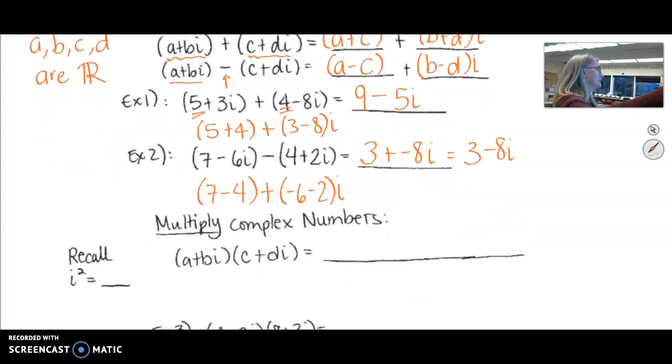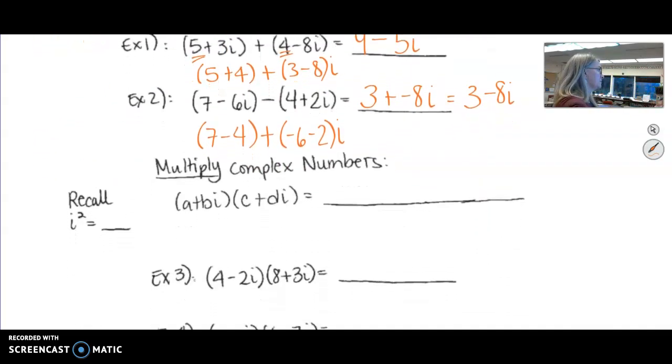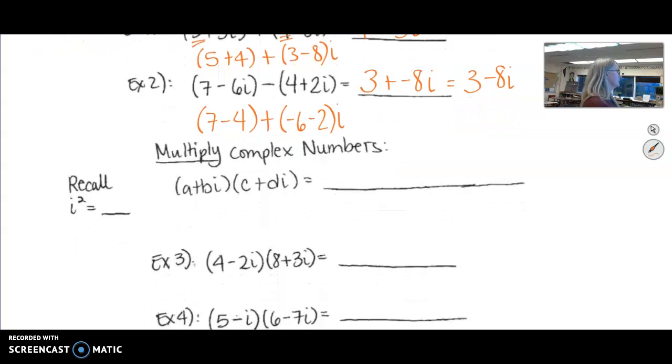All right. So now multiplying complex numbers, you need to recall that i is the square root of negative 1. So if you square that, you end up with i squared equals negative 1. So it's just like FOILing.